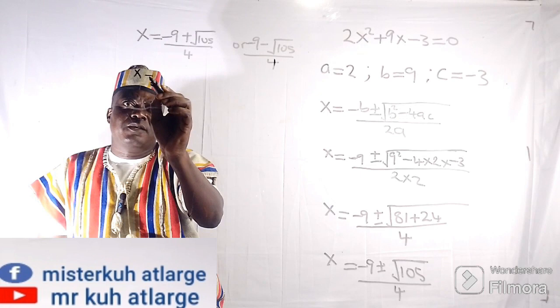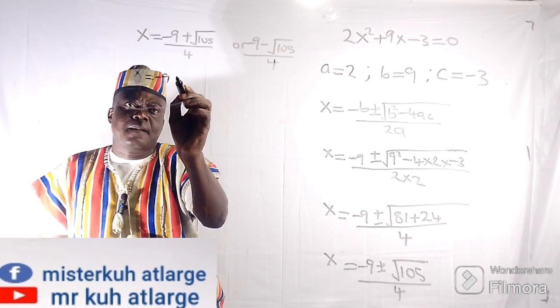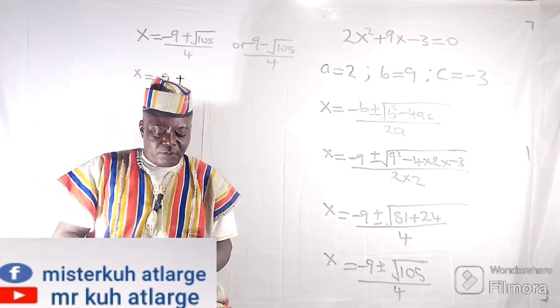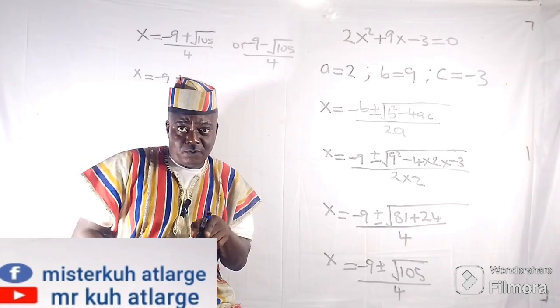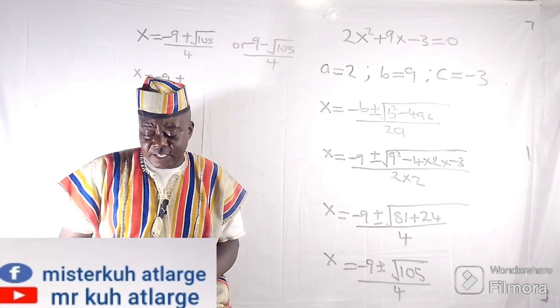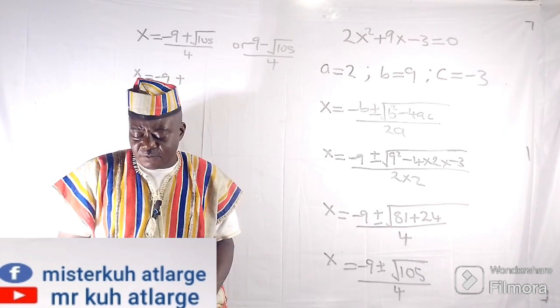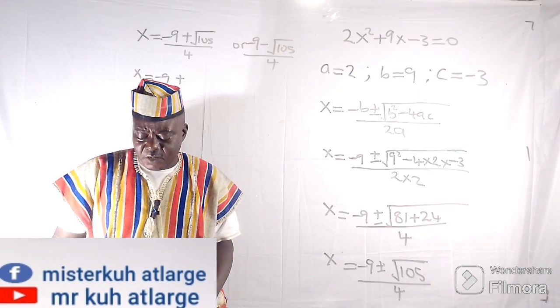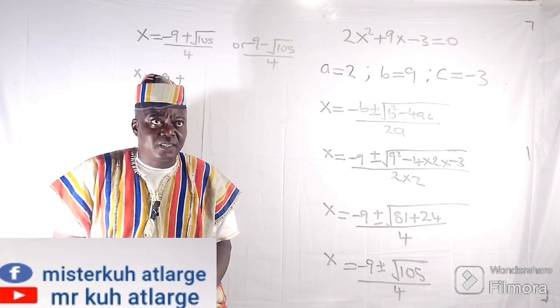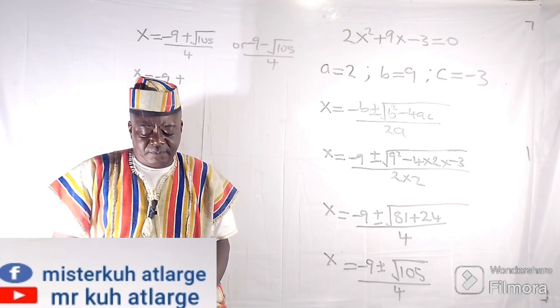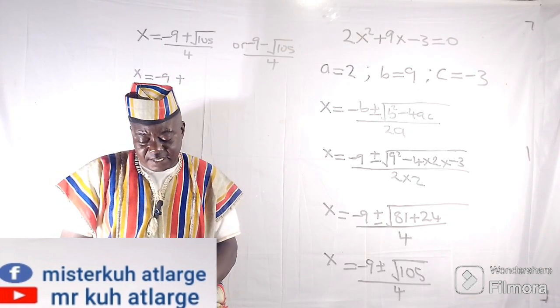So x now will be equal to minus 9 plus, so that you now use either a calculator or a formula table to find the square root of 105. Using a calculator, I did it here.